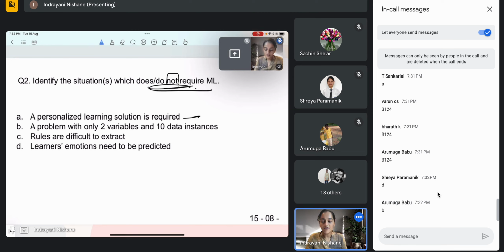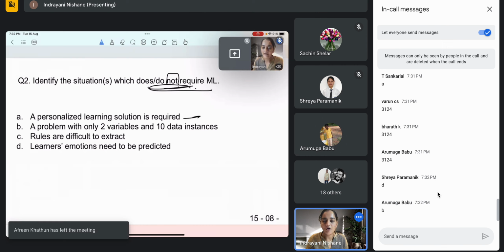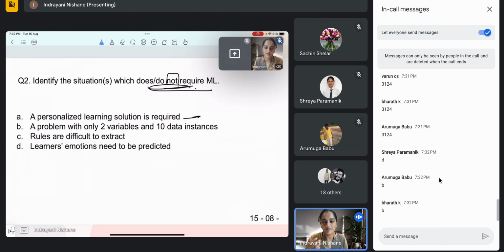A personalized learning solution. The answer is option B. I see some of you have said option D, so that's why I'm going option by option. I see more people agreeing on option B. So Shreya, you are saying option D. Can you unmute and tell me why you think option D will not require any machine learning algorithm?